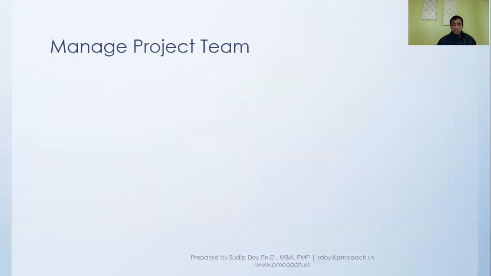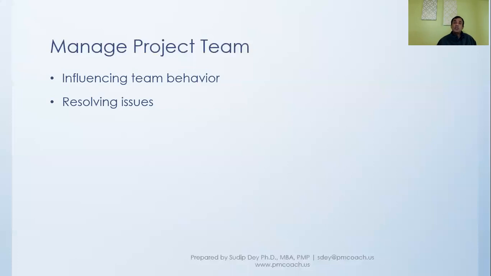Now, when you're managing the project team, basically we will be influencing the team behavior. And we know as a project manager, there are many ways we can influence the team behavior. How we influence and how we keep the team motivated and together will decide how successful the project will be.